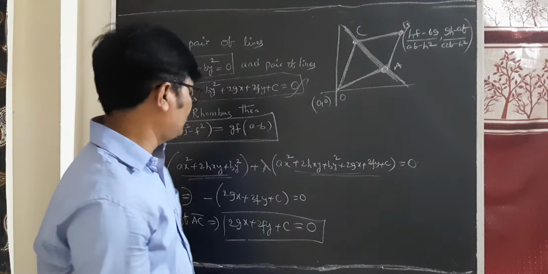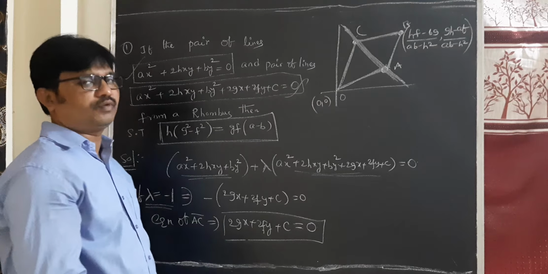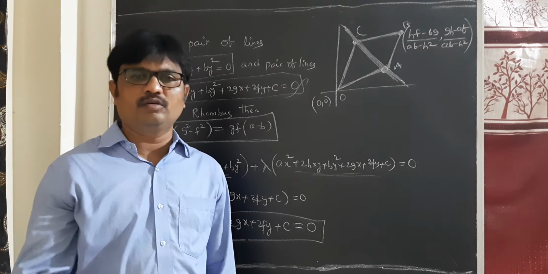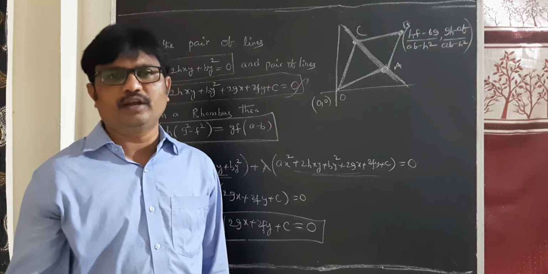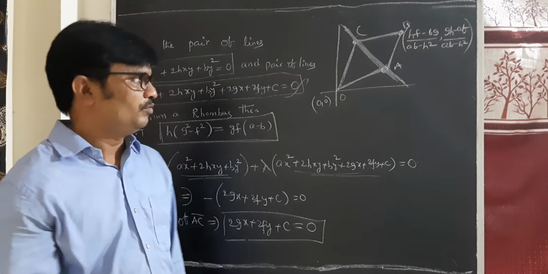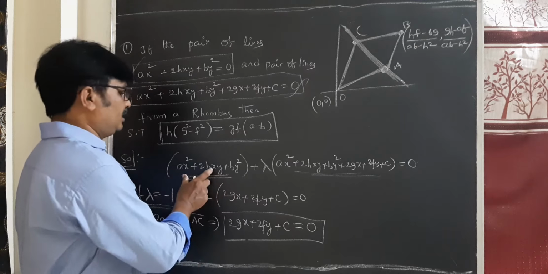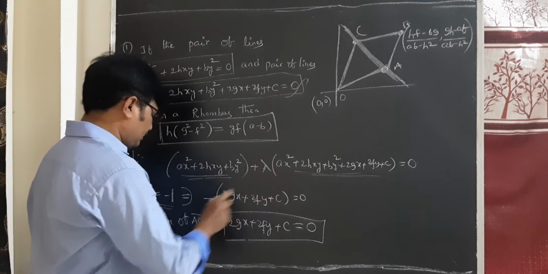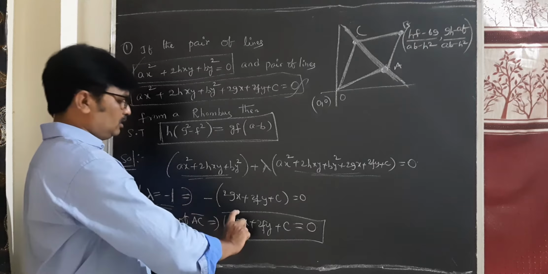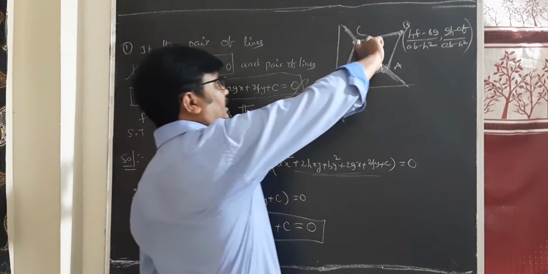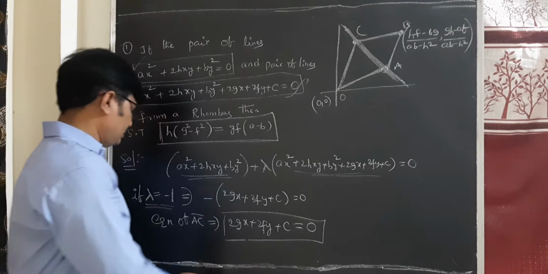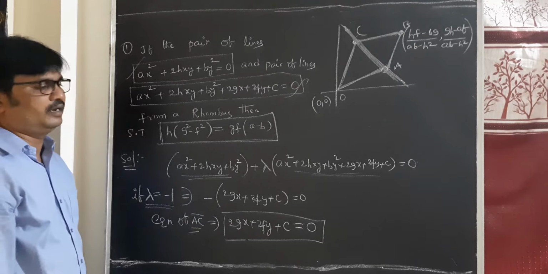For other values of lambda it may be a curve or maybe two pairs of lines, that is a different story. With lambda equal to minus 1 the second degree terms cancel, so this passes through A and C, and we take it as the equation of the diagonal AC.